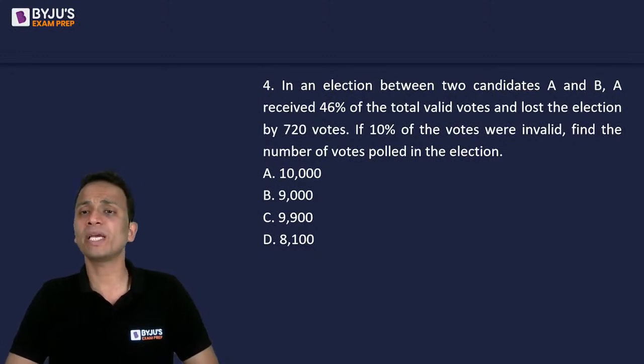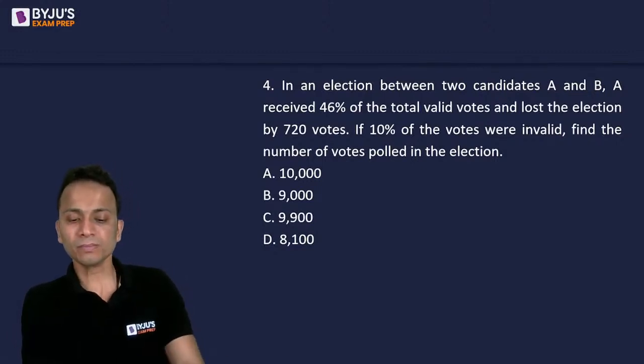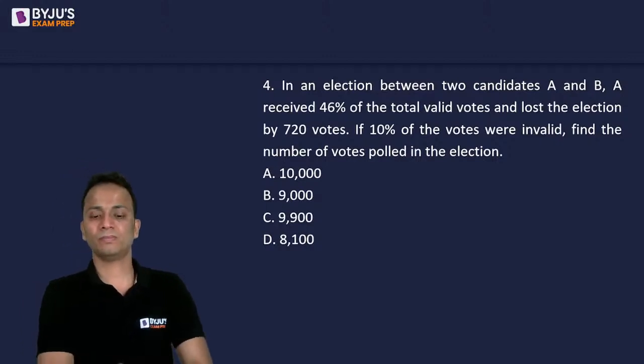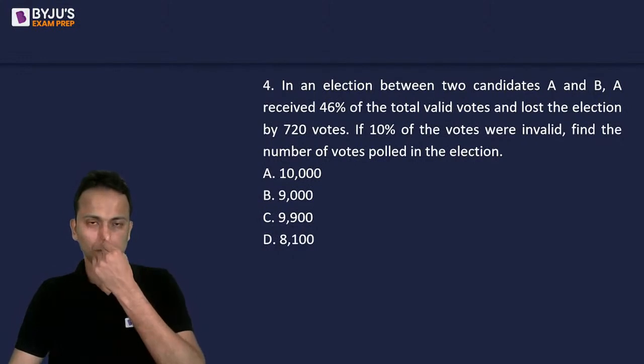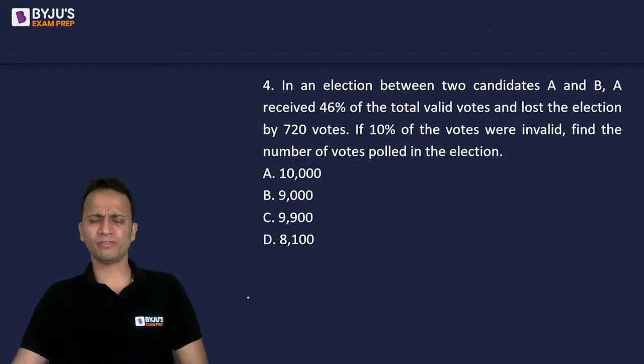If 10% of the votes were invalid, find the number of votes polled in the election. Quickly. Again, not a very difficult one.